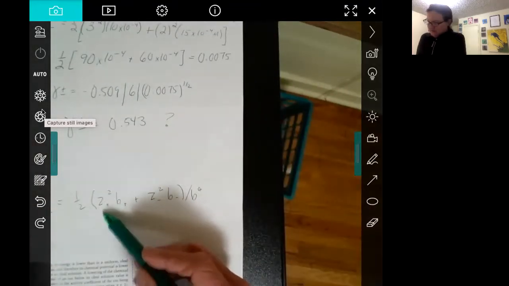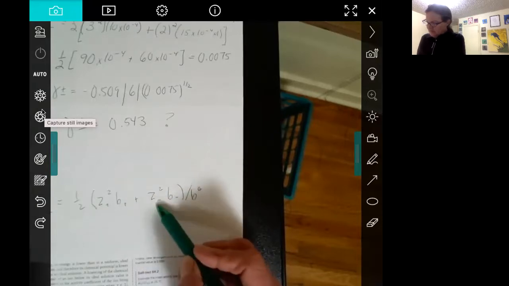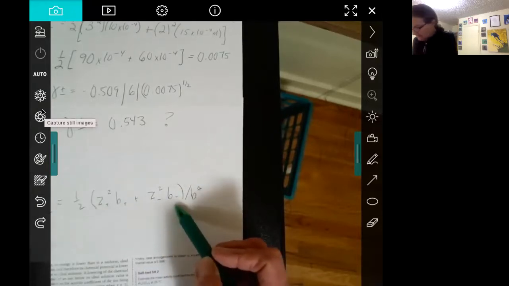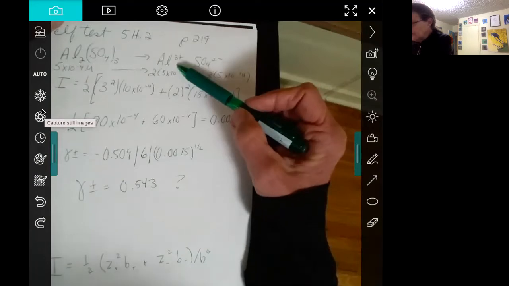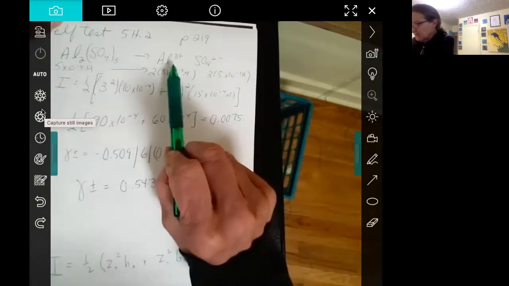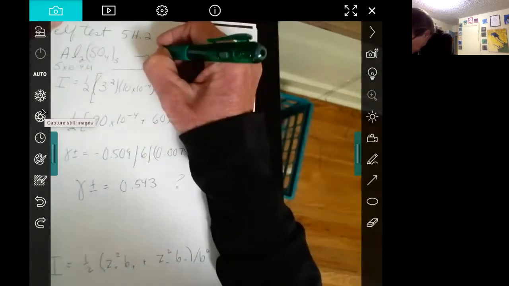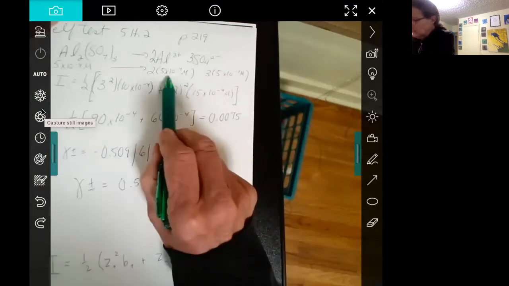It's equal to 1/2 the charge on the cation squared times the molarity of the cation, plus the charge on the anion squared times the molarity of the anion, all divided by your standard state. So we have a concentration of aluminum 3+ of 2 times the concentration of the aluminum sulfate that you put in, because you get 2 of these and 3 of these. So 2 times that is 10.